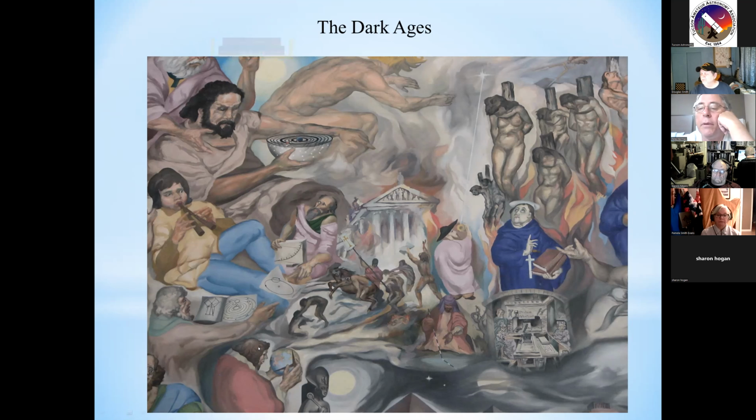Also, throughout the Muslim world, there were Muslim scholars and philosophers who also preserved some of the scientific knowledge during the Dark Ages. The Europeans didn't go in much for scientific knowledge.